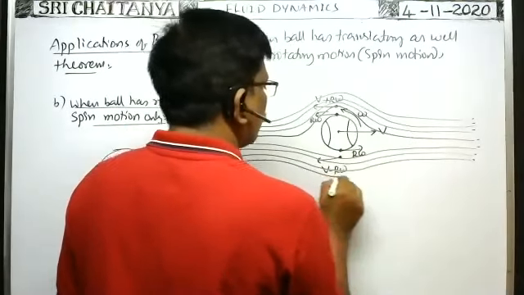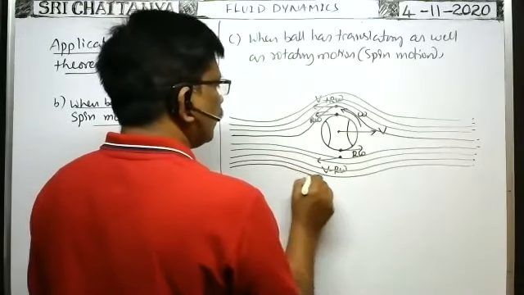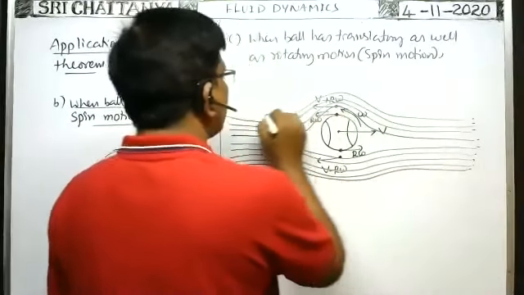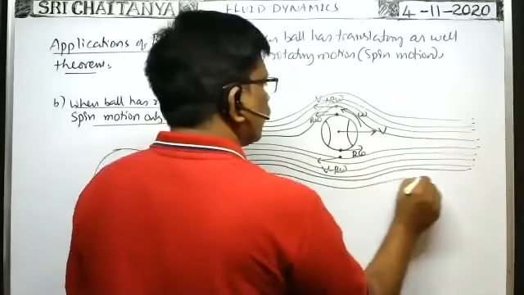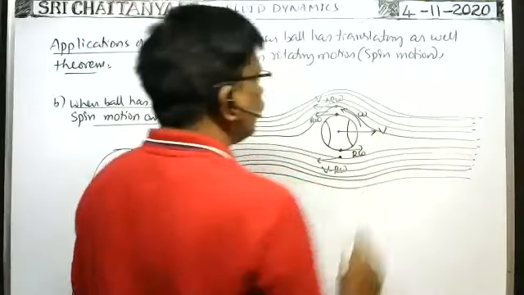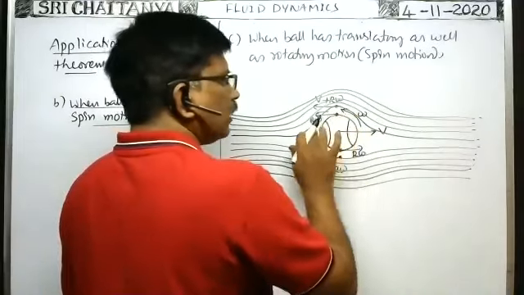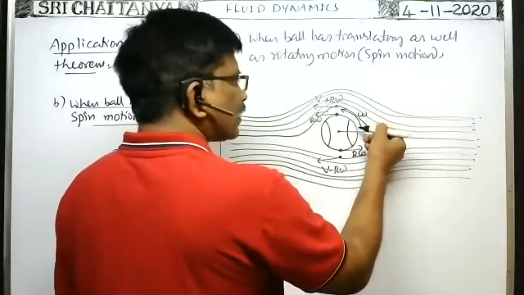Here these streamlines are farther from each other at the bottom and nearer to each other at the top because of more velocity.